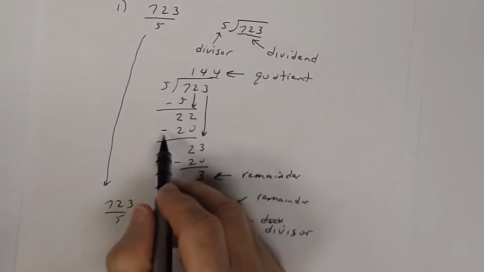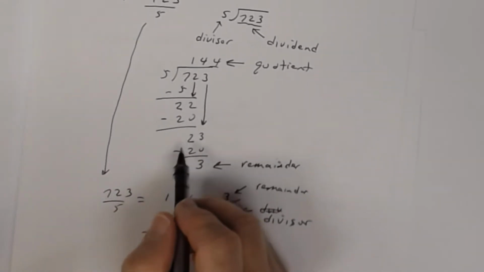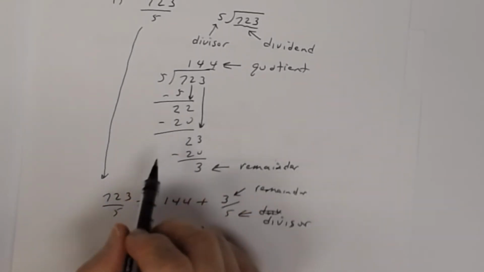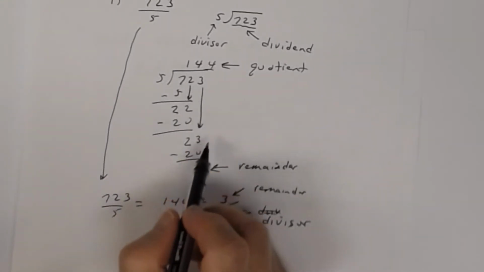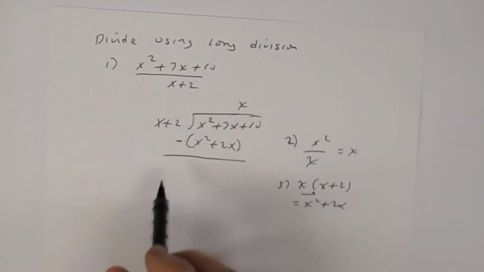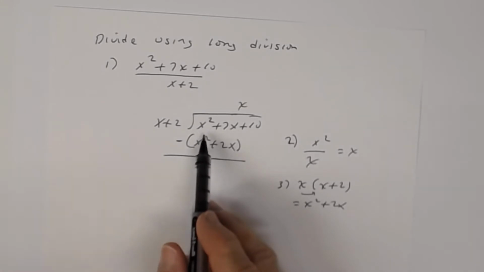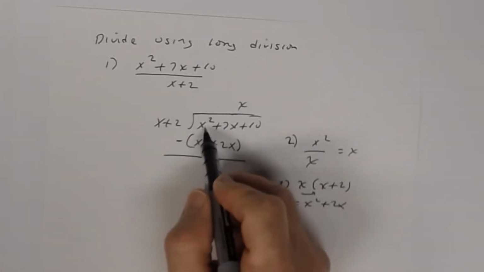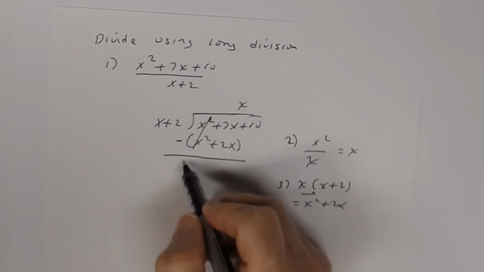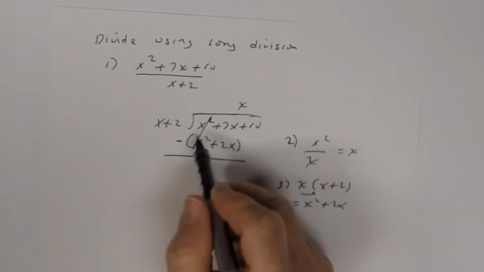Then you said 22 subtract 20, you got 2. Bring down the next term. And then 23 subtract 20, you got 3. The same idea here. If you're doing this correctly, this first term should always go away. And it will.